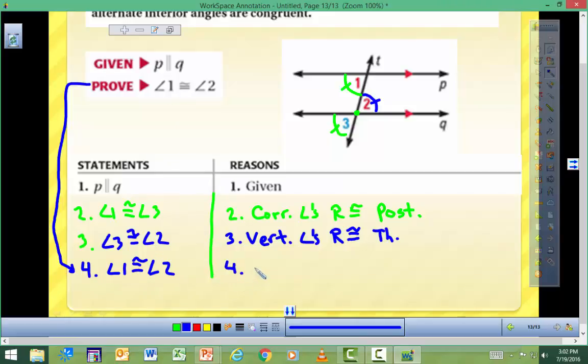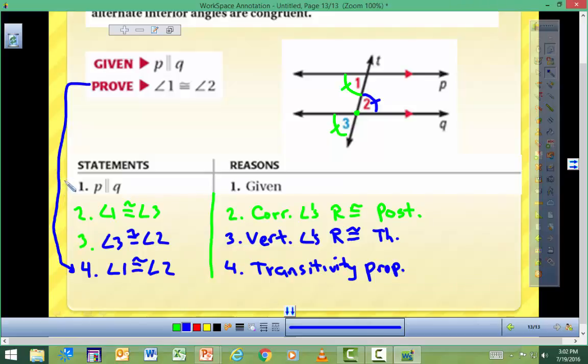So line 4, we're going to call it the transitivity property. And like I said, we use that an awful lot, and as you see in this chapter 3, we're starting to use it, and we will continue to use vertical angles and transitivity often in chapters 3 and 4.